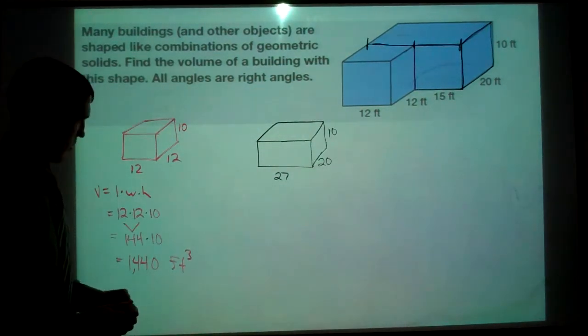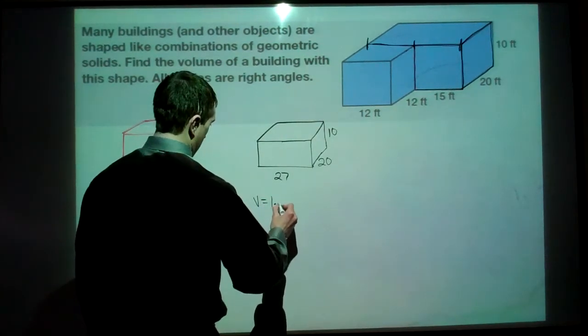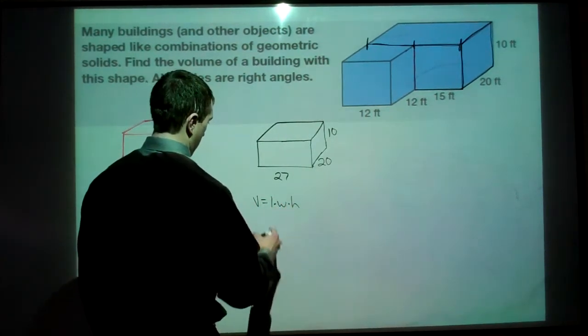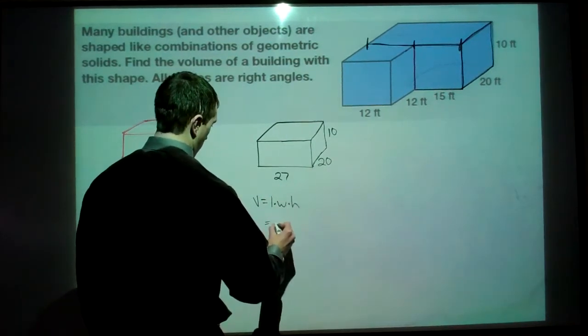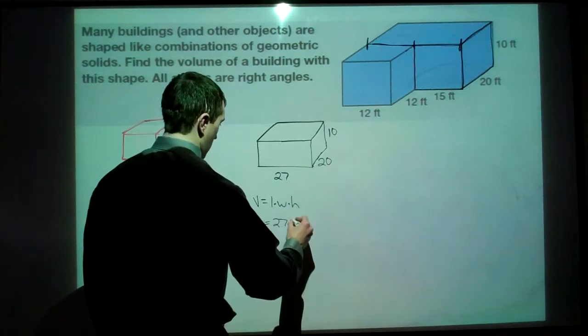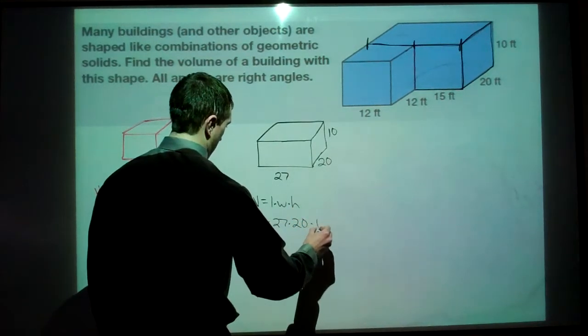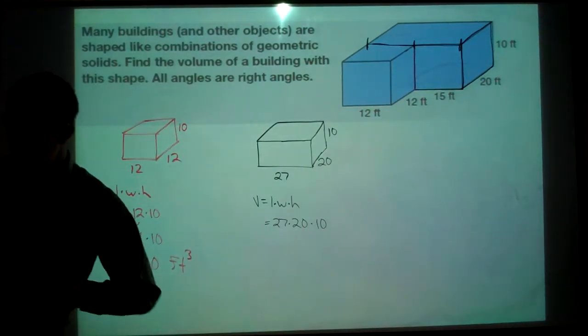Now we just have to figure out the volume of this one. A prism once again, and it's a rectangular prism, so length times width times height. Length is 27, width is 20, height is 10. So we have 27 times 20 times 10.